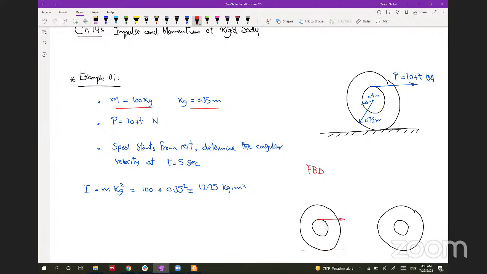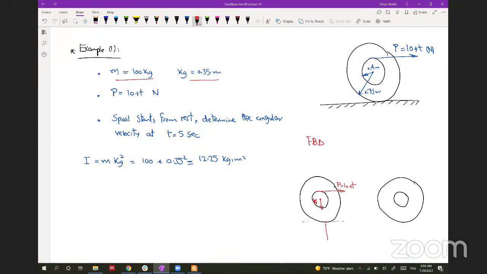We have B equal to 10 plus t, and we should have the weight going down, and we should have a reaction in here, and it should be a friction force. So let's assume that with this B, this body is going to make an omega in this direction, and it's going to move in this direction.